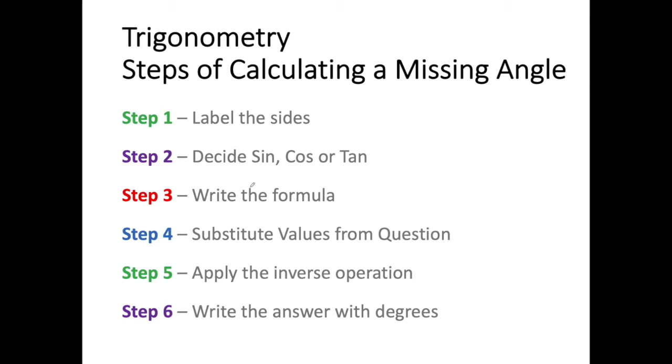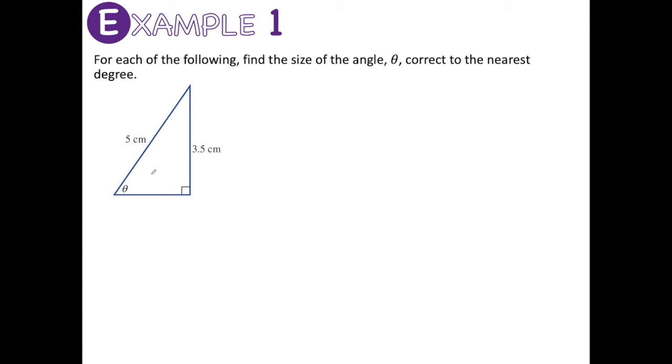Let's have a look at some examples of how we can apply these 6 steps to calculate the missing angle of a right angled triangle using trigonometry. Example 1: we want to find our angle theta down the bottom using the information in the right angled triangle. The first step is to label the sides.